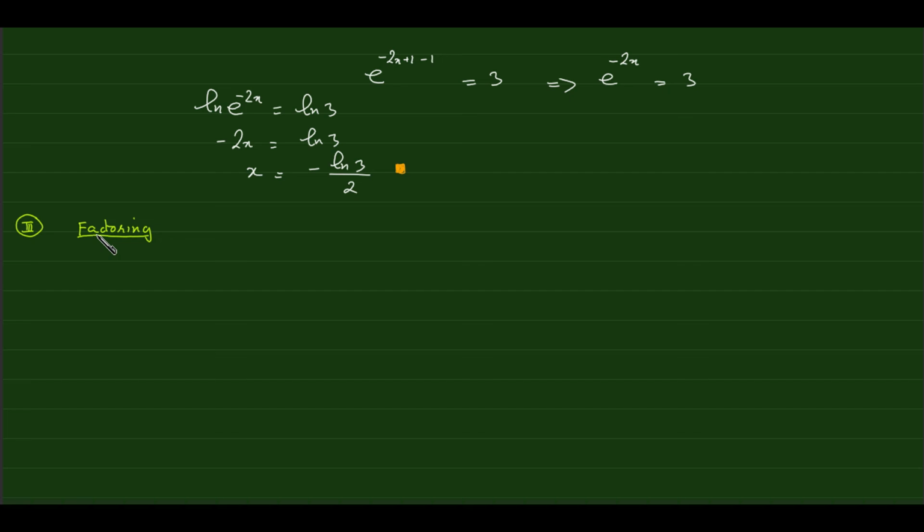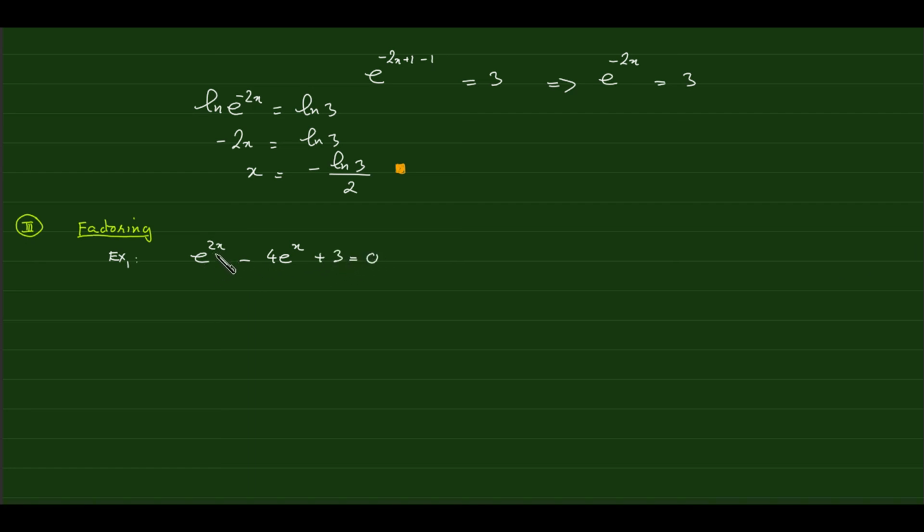For example, I have this. Example 1. What if I have e to the 2x minus 4e to the x plus 3 equals 0?